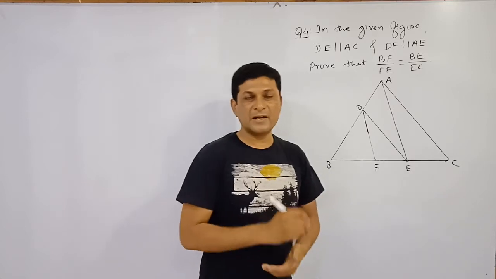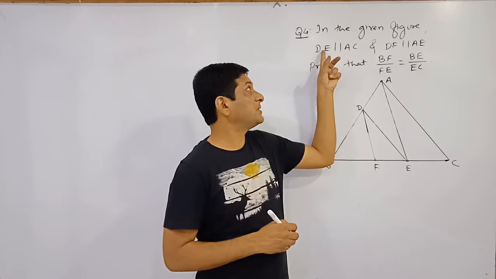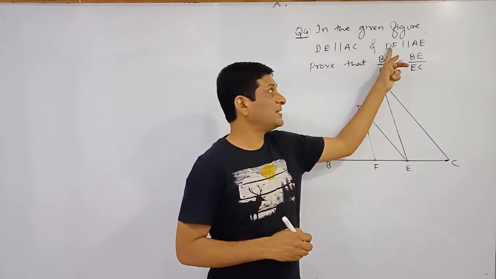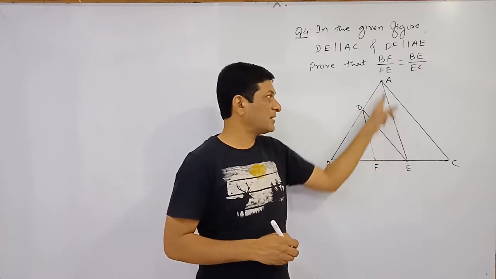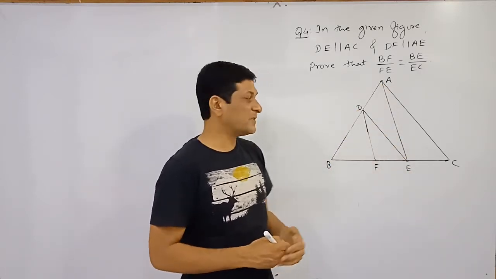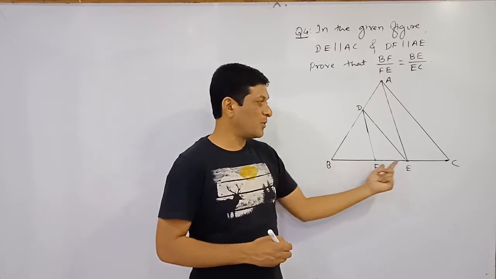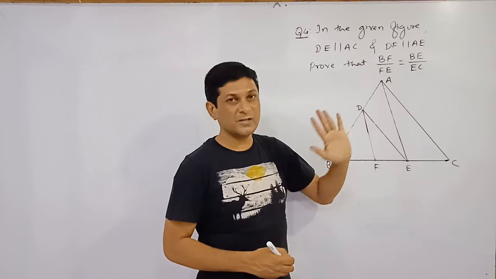So to get our required result, if you observe the given condition, here one is DE parallel to AC and DF is parallel to AE. If we consider that DF is parallel to AE, we are able to consider this first triangle. And in this first triangle, we will get BF upon FE equals BD upon DA according to BPT.